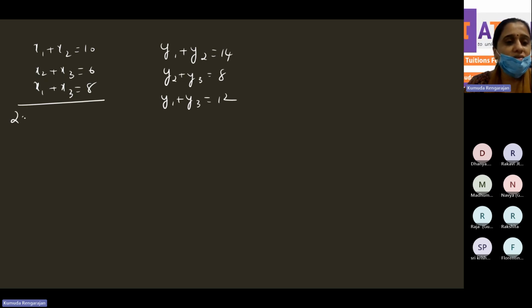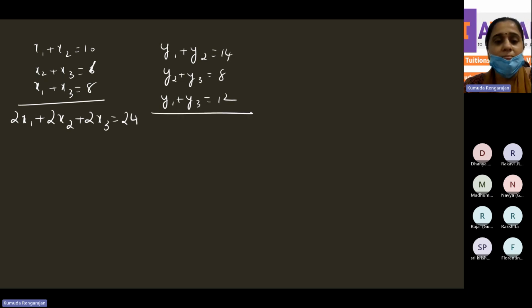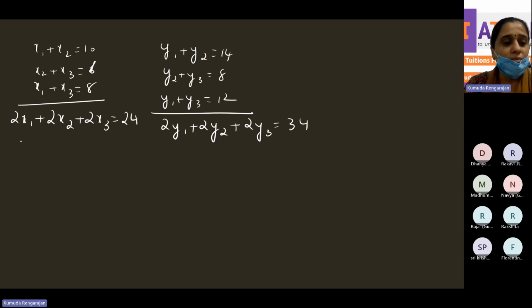So you'll get 2x1 plus 2x2 plus 2x3 is equal to 24, and then 2y1 plus 2y2 plus 2y3 is equal to 34. Take out 2 common.